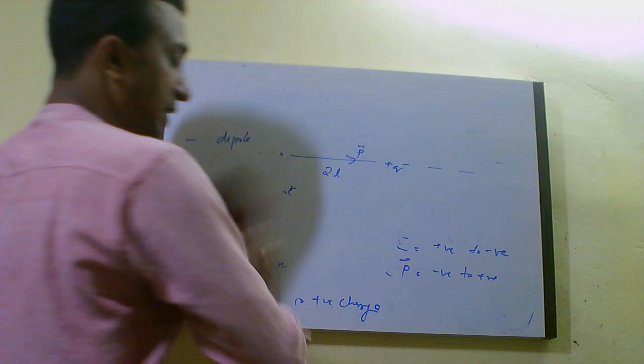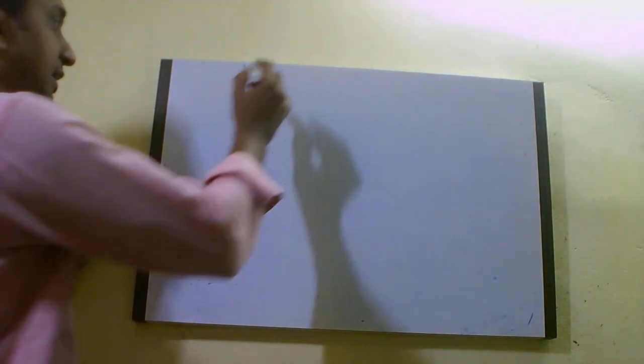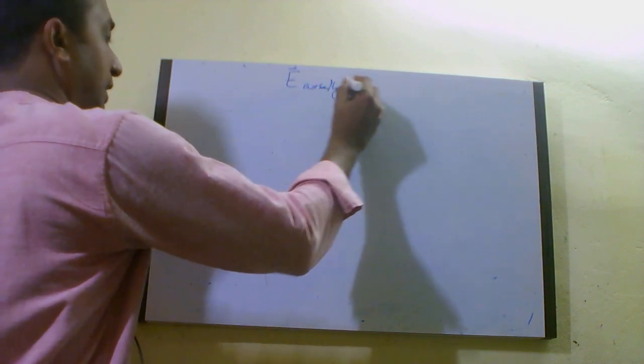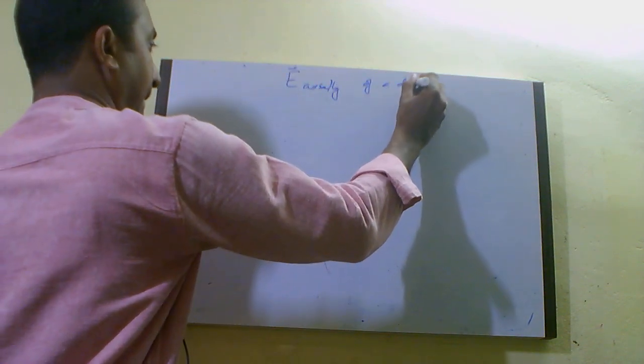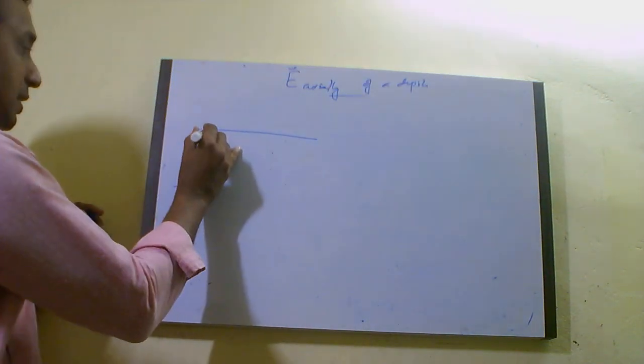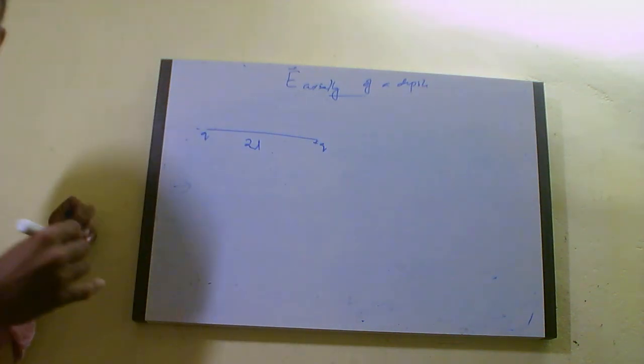Now let us do a derivation related to the dipole. What is the E, electric field intensity axially of a dipole? Consider a dipole. This is minus q and this is plus q, separated by the distance 2l.